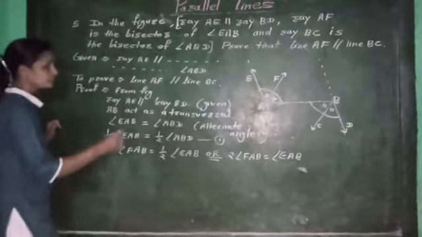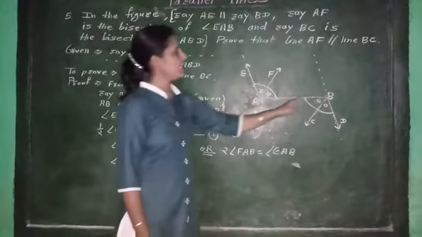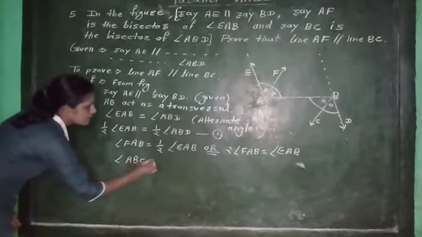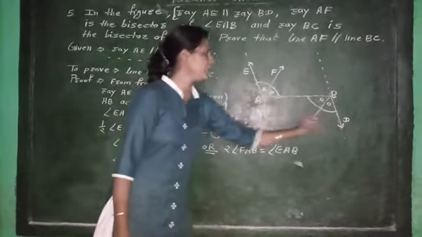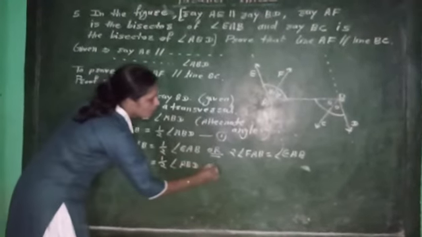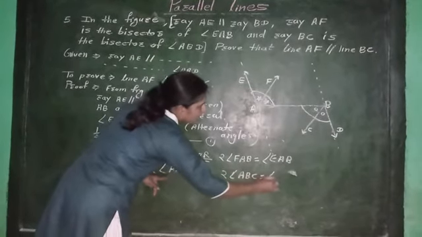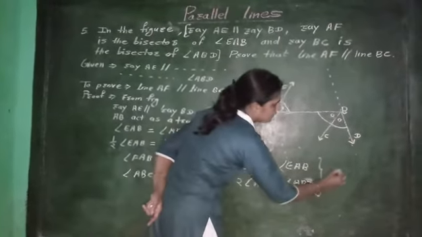And also we can write angle ABC is equal to 1/2 angle ABD, or 2 times angle ABC is equal to angle ABD, because it is given.